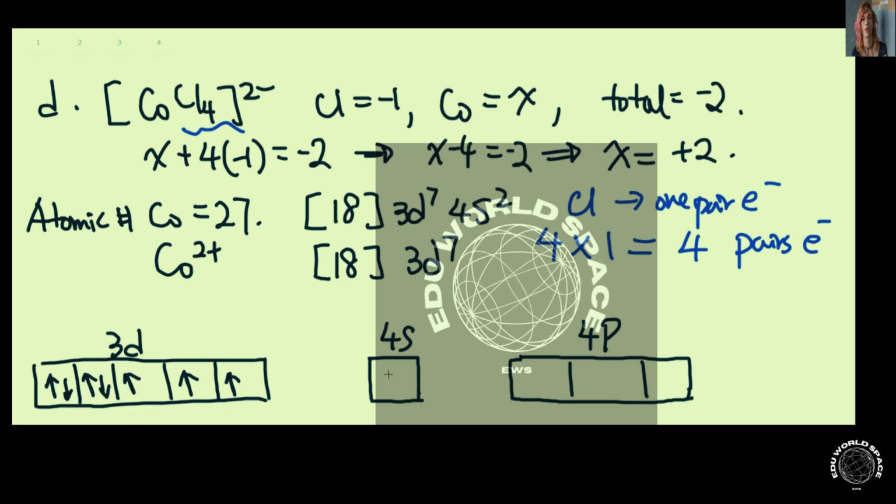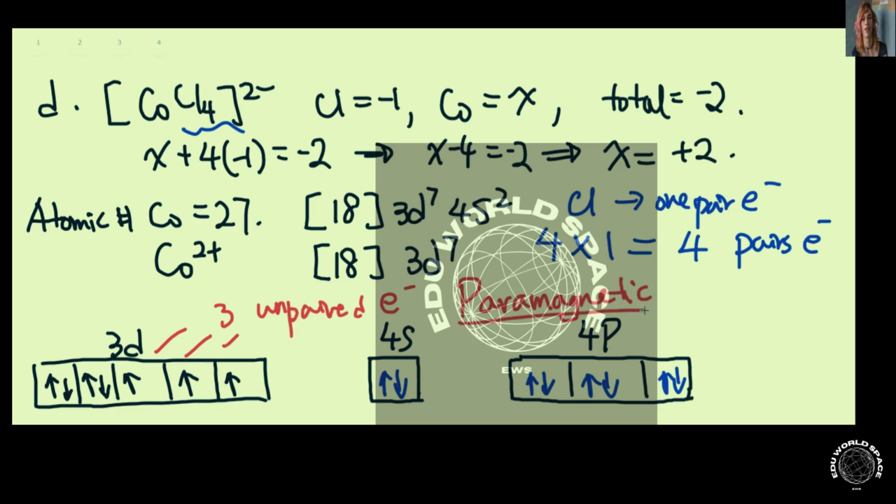So therefore, the 4 pairs of electrons will stay in 4s orbital and 4p orbital. So this is how the complex looks like. And now we see there are 3 unpaired electrons in the complex. Because there are unpaired electrons, the complex will be paramagnetic, because chloride is a weak ligand. All right, so that concludes our part D.